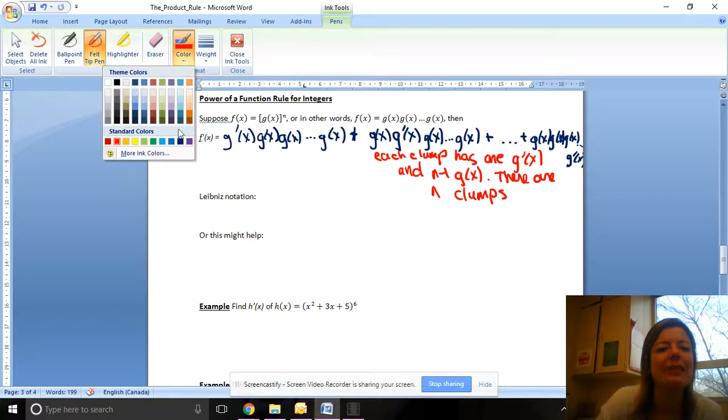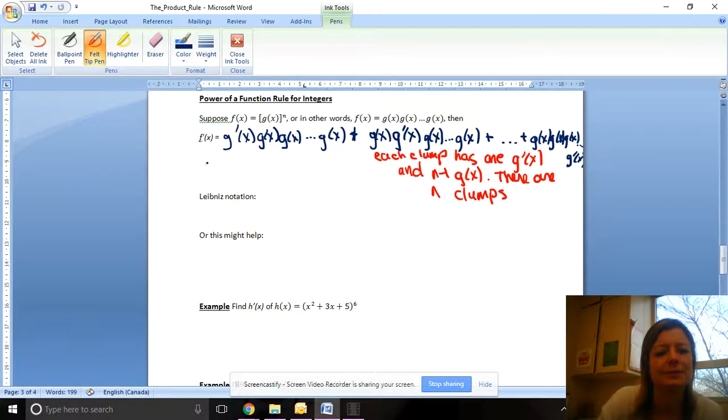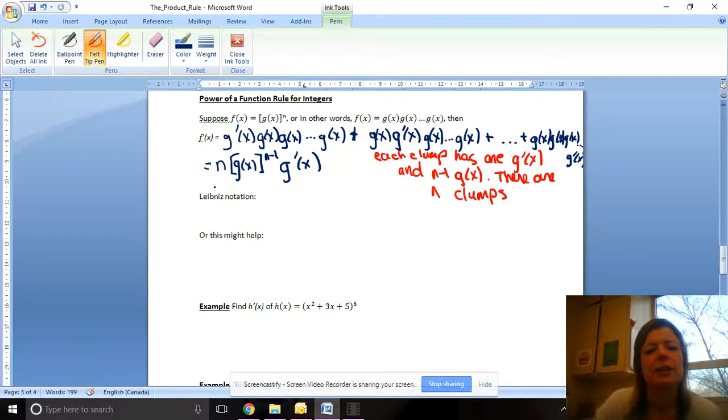So we can write this as n times g of x to the n minus 1, and then times g prime of x. So the derivative of this is: we bring down the n, we reduce the exponent by 1, but then we have to multiply by the derivative of what's inside here.